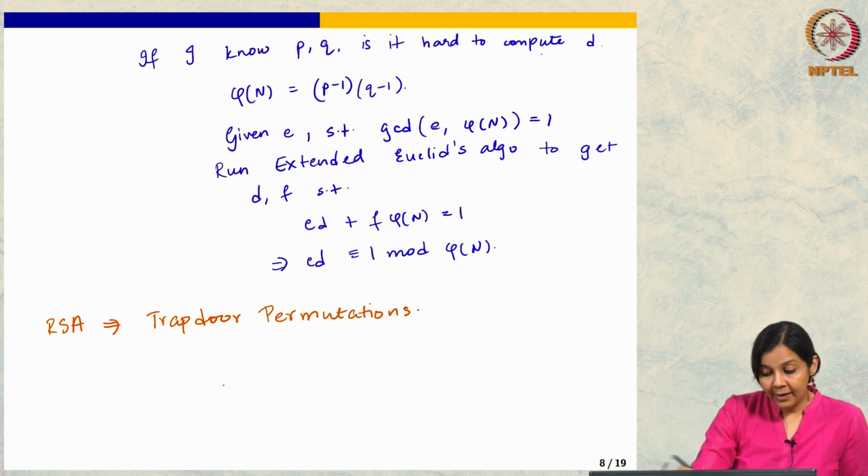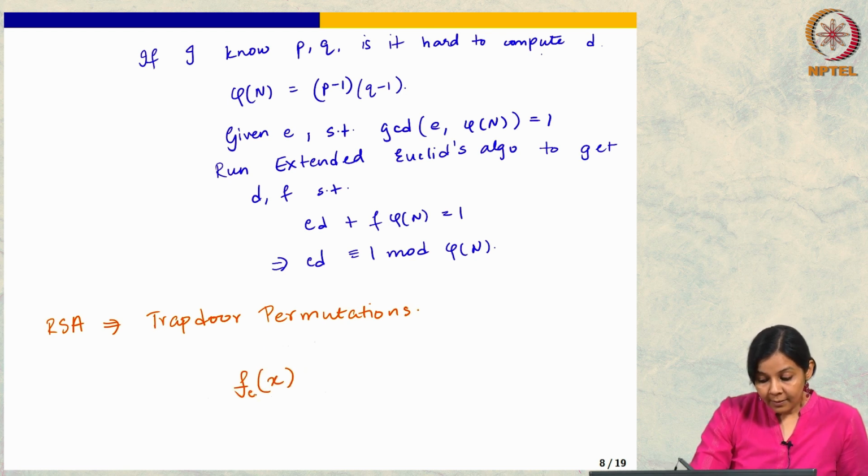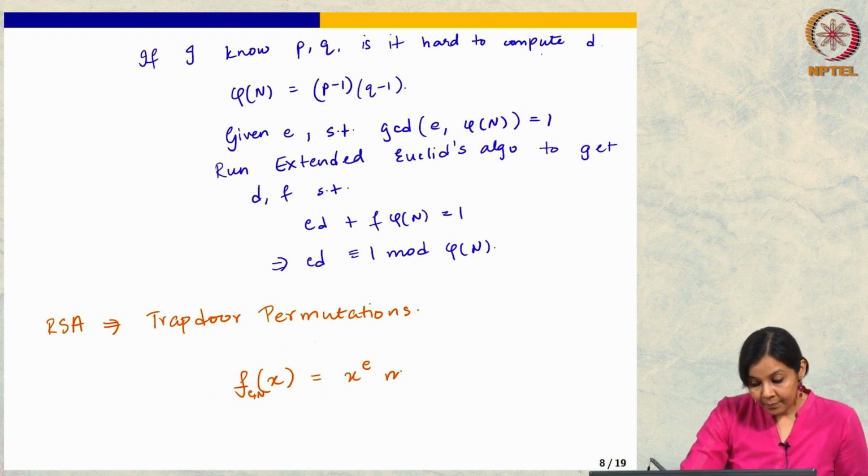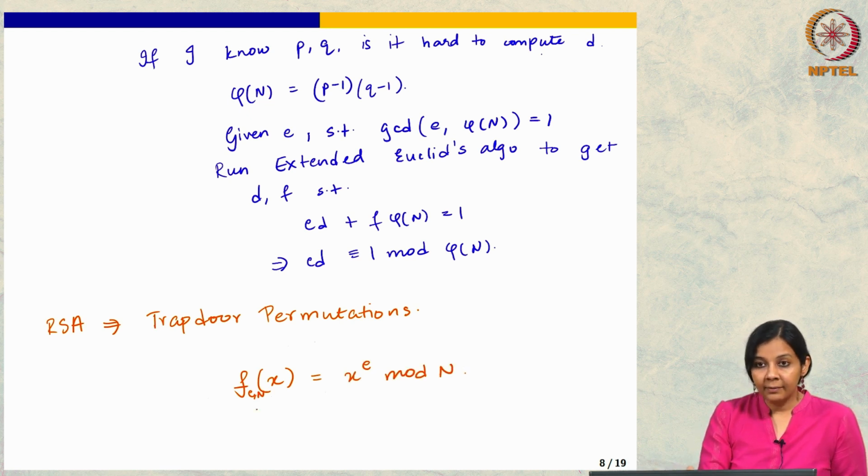So basically if I define my function like this, f of x as x to the e mod n, then using my trapdoor d I can invert this function. So, d will be the trapdoor.